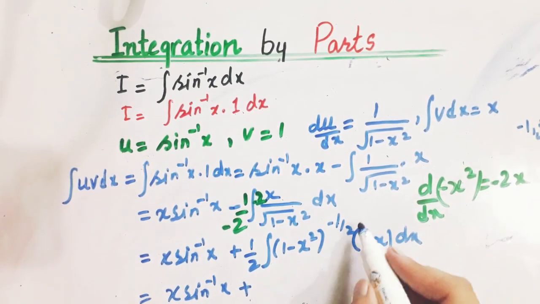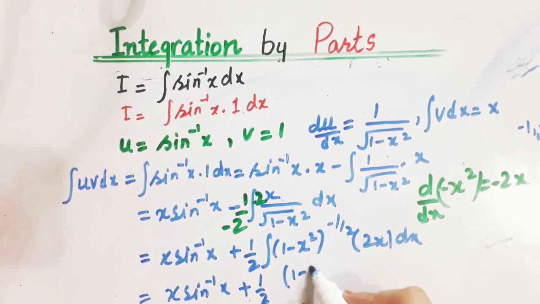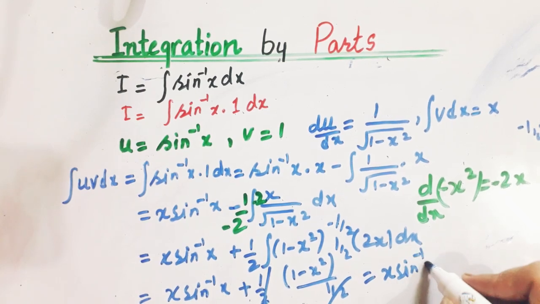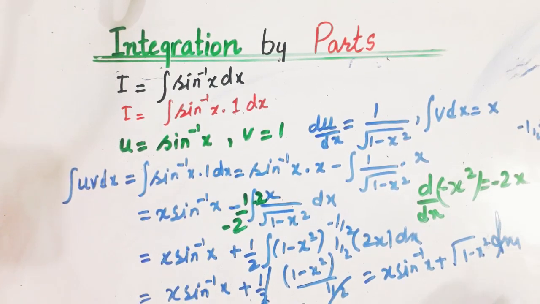So 1 by 2 will be used, 1 by 2, and integration of this is 1 minus x square to the power minus 1 by 2 plus 1 is 1 by 2, and 1 by 2. So 1 by 2 and this 1 by 2 cancel out. We have x sine inverse of x plus square root of 1 minus x square. So this will be the answer.